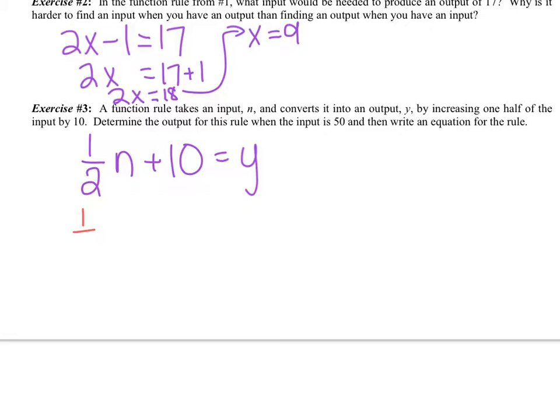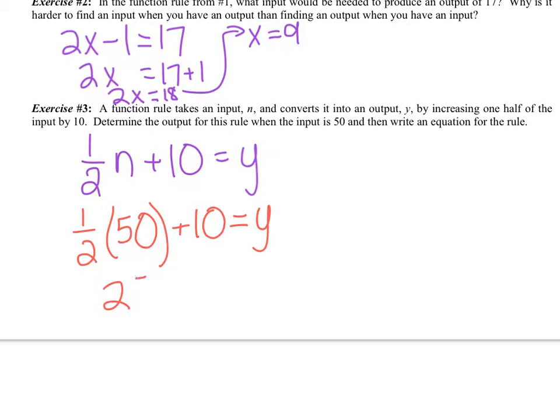Okay, so half of 50 is 25, and of course we still need to add the 10, so 25 plus 10 is 35. So our output of 35 is what we get when we input 50. In, out.